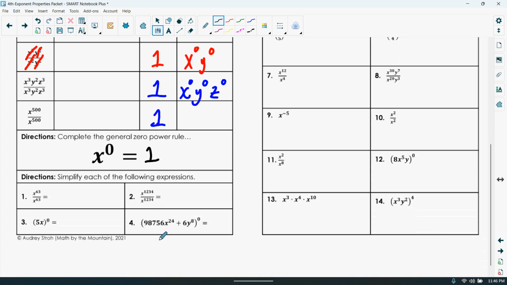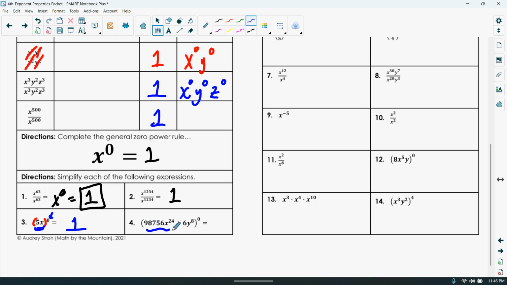So they might show it as a quotient where when you subtract them it comes out to be 0. Like this will come out to 0, which means your answer is 1. So this is 1. Now even if you have grouping or parentheses like here, and the exponent on the outside of that parentheses is 0, this whole term is being raised to the 0 power, which means anything to the 0 power is still going to equal 1.